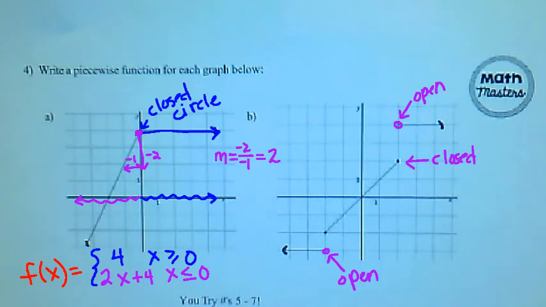So this is going to be 3 different answers. Let's do all the functions and then I'll do the domain after. The first one, I'm going to start from left to right. Sorry, I should have done that with the other one. So this one I have 1, 2, 3.